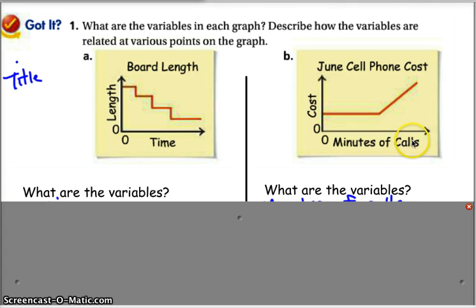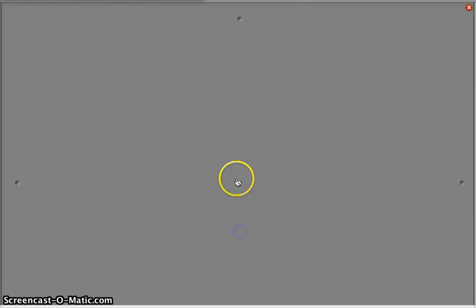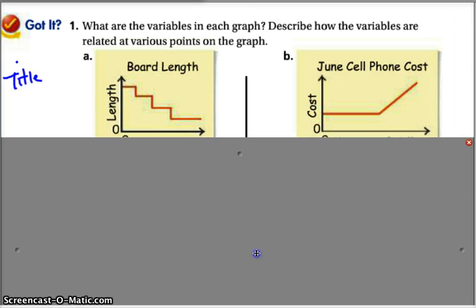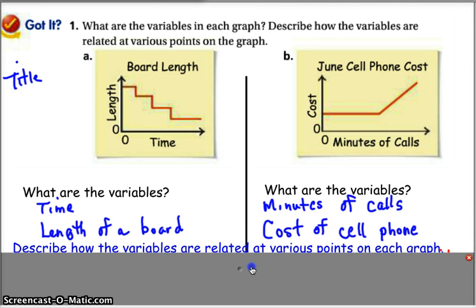Okay, hopefully you were able to write down the variables for each of these graphs in A and B. In A, your variables should be time and the length of the board. As time increases, the board length is also decreasing, except at these places. At these flat points, the board length is staying constant.